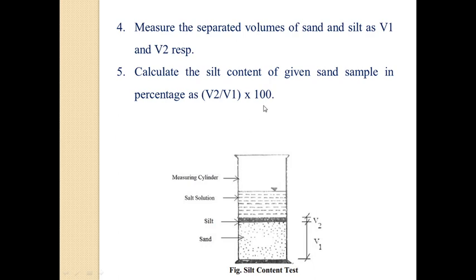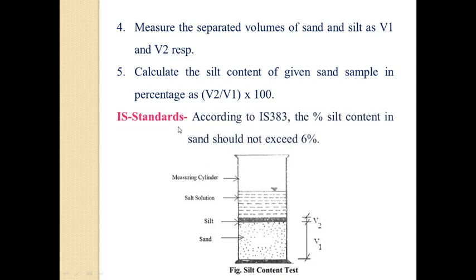According to IS 383, the percentage silt content in sand should not exceed 6%. So this is the IS standard regarding silt content.